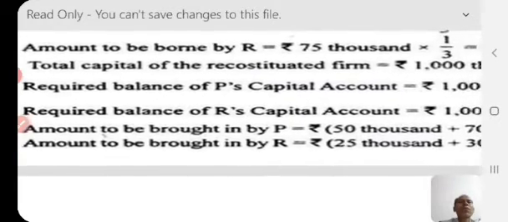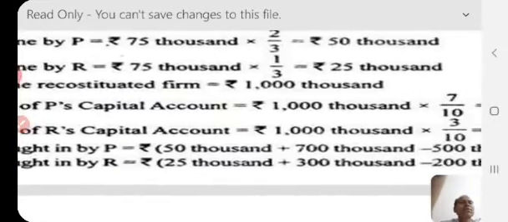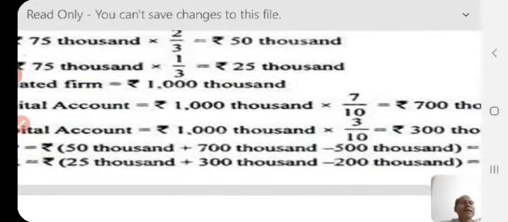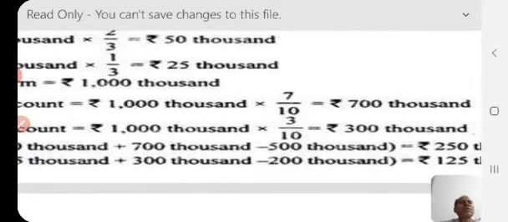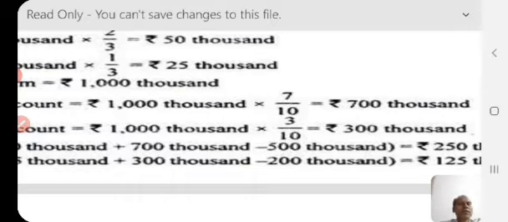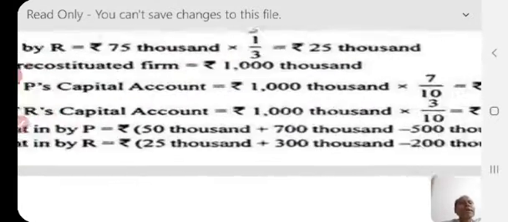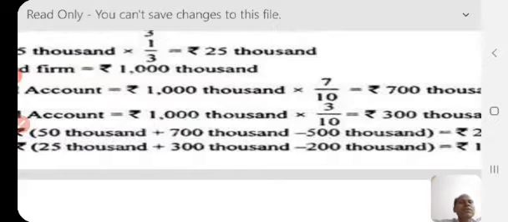Required balance of P's capital account is 1000 into 7 by 10, that is 700,000. 7 by 10, this is as per the new ratio. 7:3 is the new ratio. So P's capital is 1000 into 7 by 10, which is 700,000. Clear?